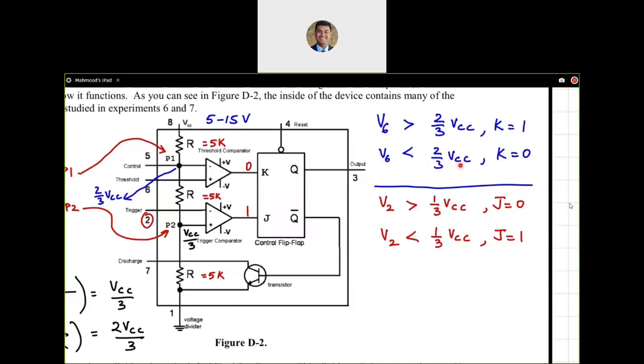So if they are both less than their reference voltages, what is going to happen then? Well, we are going to jump the output. Jump the output means this goes to 1, that goes to 0. If that goes to 0, the transistor is off, which means pin number 7 is not connected to ground in this case. So no discharge possible.